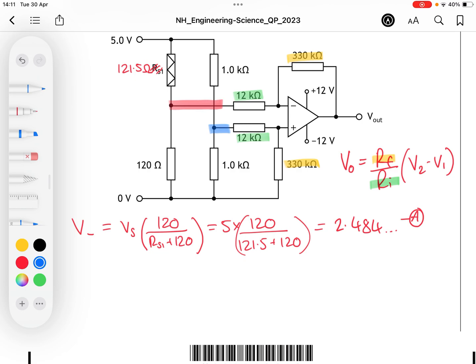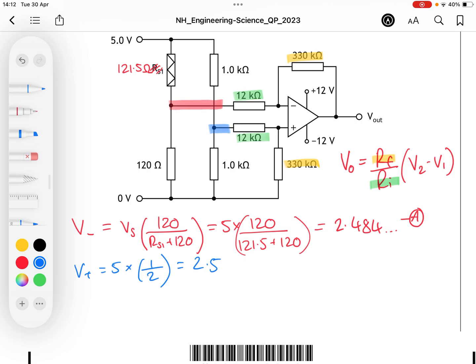To work out the voltage at my non-inverting input then, I can do the same. So I can say the voltage of my non-inverting input is going to be 5 times 1 over 1 plus 1, which is 2. So that gives me 2.5 volts there. Don't need to save that, but now what I do need to do is put those numbers into the equation that I've got.